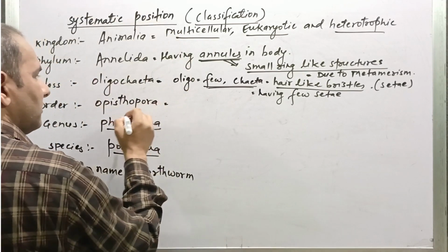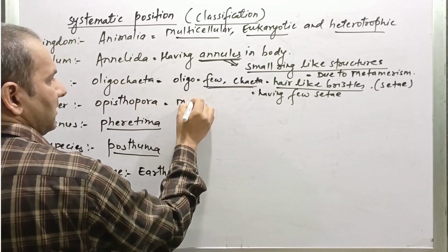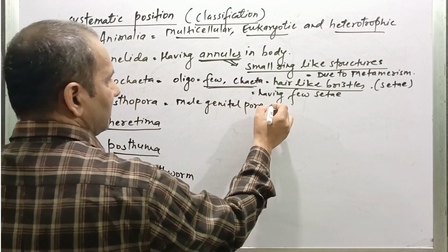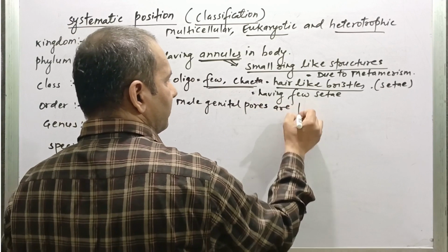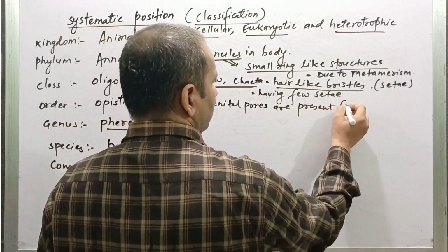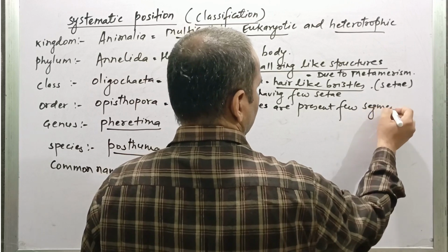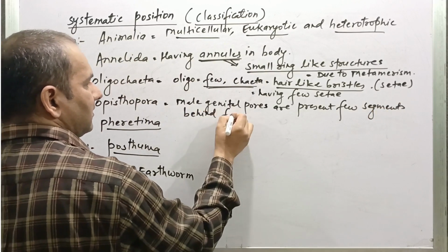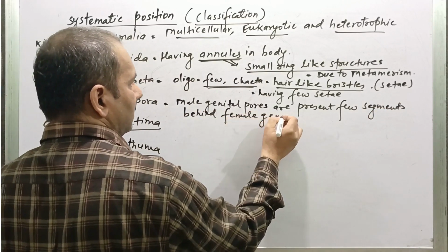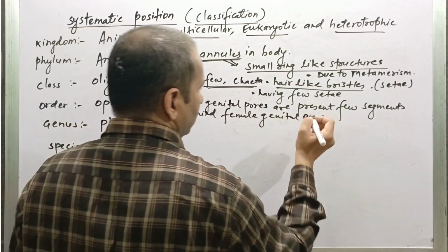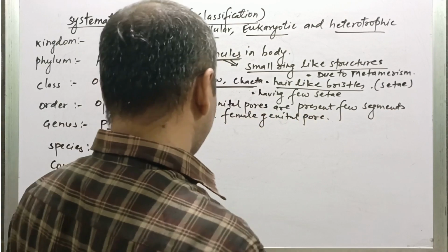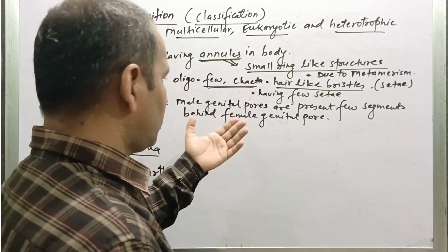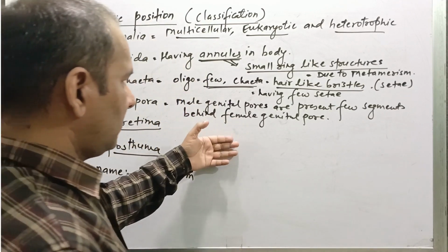Then the next term, that is Opisthophora. Opisthophora means the male genital pores are present few segments behind the female genital pore, though the primary male genital organs, the gonads, testes, are present few segments in front of the female gonads, ovary.